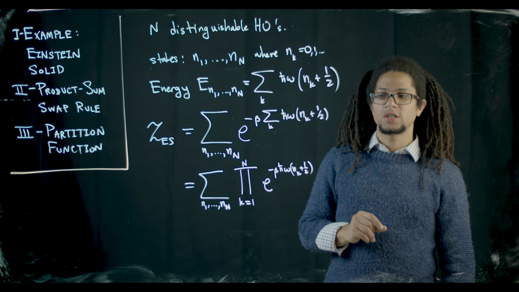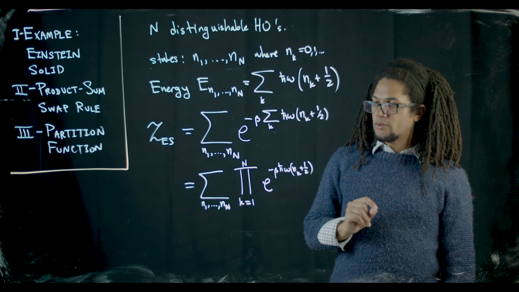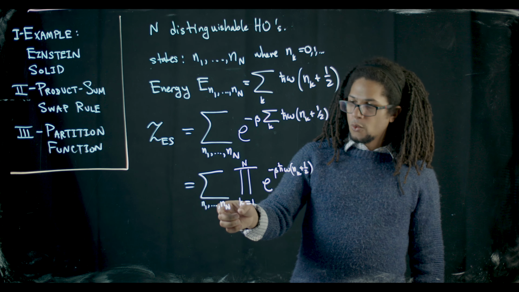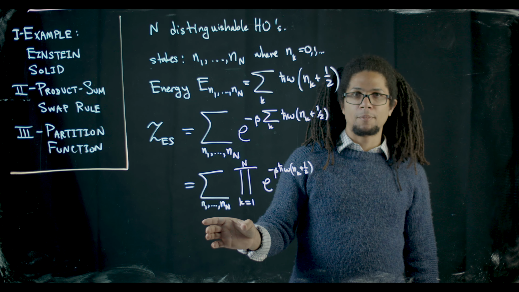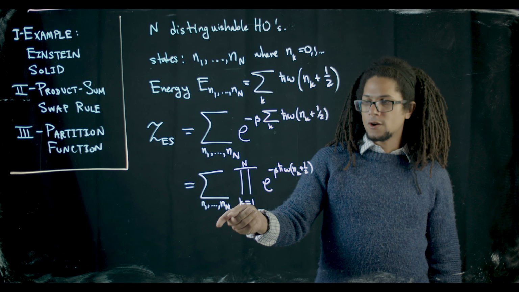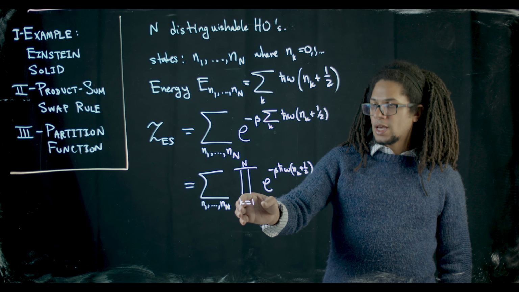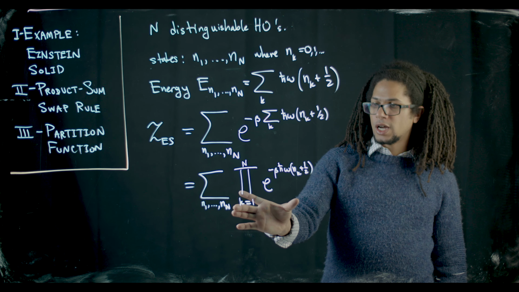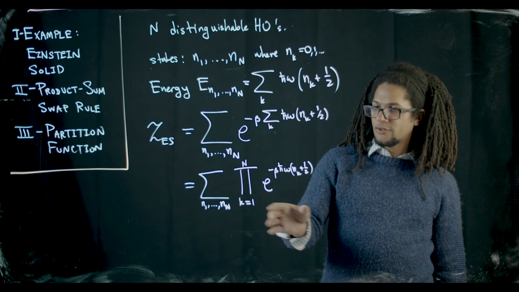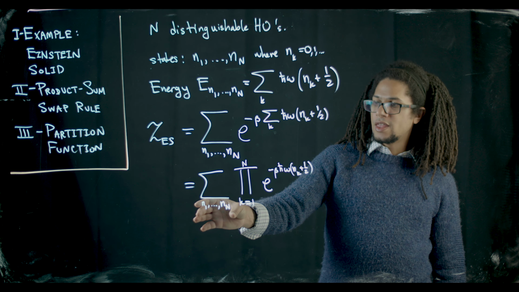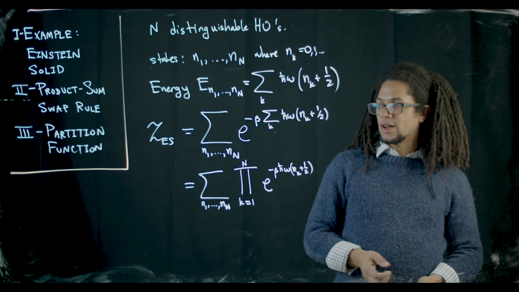So this is a very nice form. And it's a very nice form for the following reason. We can, in fact, swap the order of the product and the sum here in a careful way. So what's happening here is that we have a bunch of terms multiplied together, or a bunch of factors multiplied together, and then we're going to sum over every possible value that they could take.